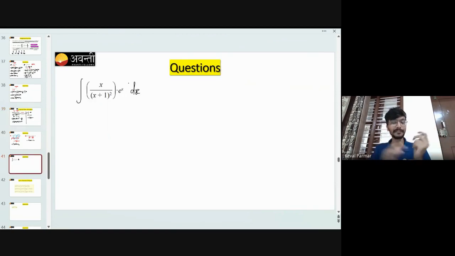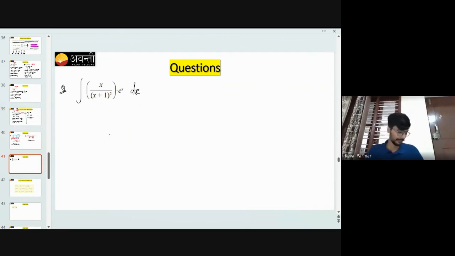But sometimes, if the integration question comes directly, then we may not click that this is the special form, or this is the form of e raised to x f of x plus c1. So that is the main part. But since now you know we are doing this question under the format of the special form, that means this will be done by that form. So I hope you are getting what I'm trying to say. That is the main thing with integration.